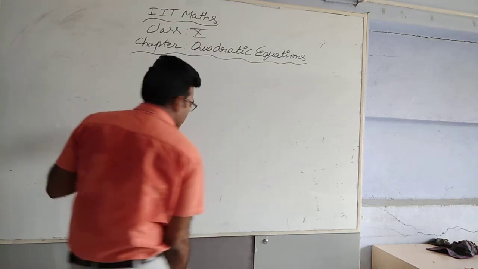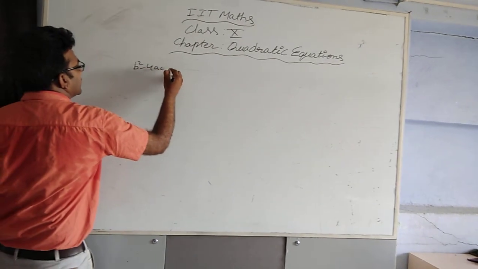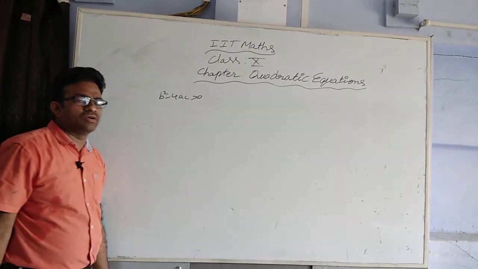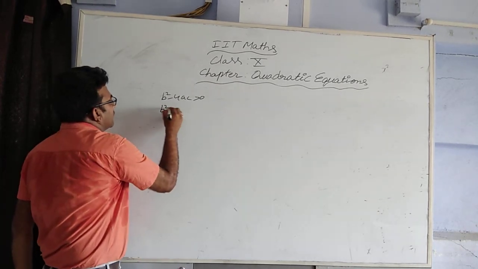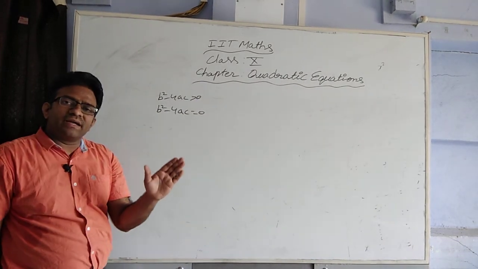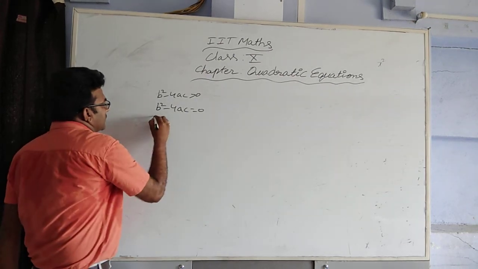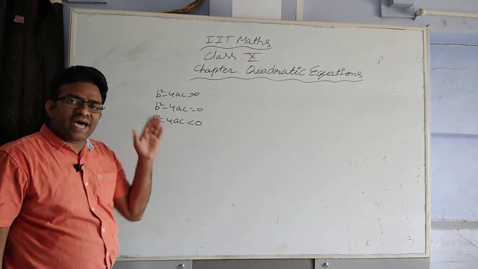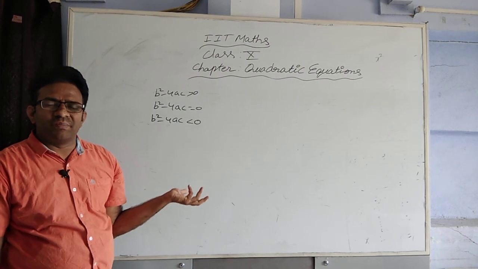So here the discriminant is b square minus 4ac. If the discriminant is greater than 0, then roots are real and distinct. If the discriminant is equal to 0, then roots are real and equal. Next, if b square minus 4ac is less than 0, then roots are imaginary and distinct. So these are the natures of the roots. Based on the examples, we can easily find them out.